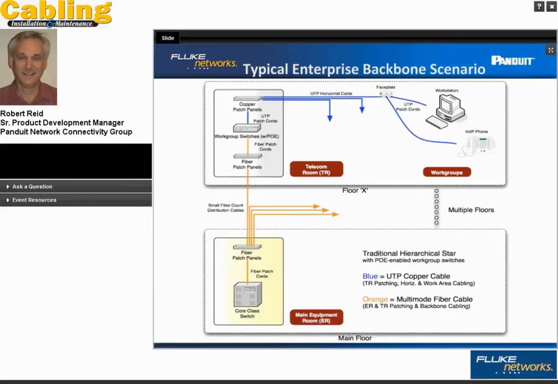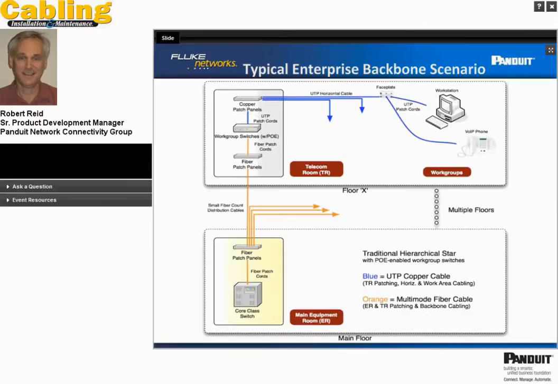So here I have, and this is a bit of an eye chart, but I hope you get the picture here, a typical enterprise backbone scenario, and I've colored the fiber as orange and the copper horizontal. So this is a star network with a TR, a telecom room, and an equipment room that would have maybe core level switching and workgroup switching in the TRs going out to workgroup outlets through a copper horizontal.